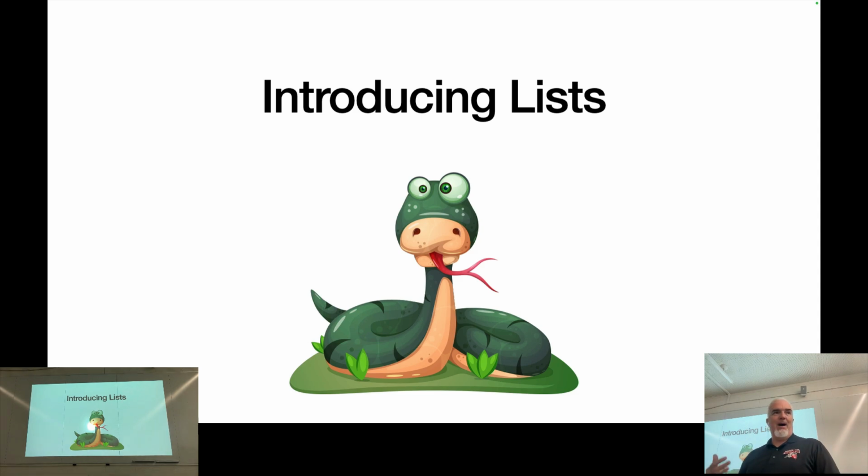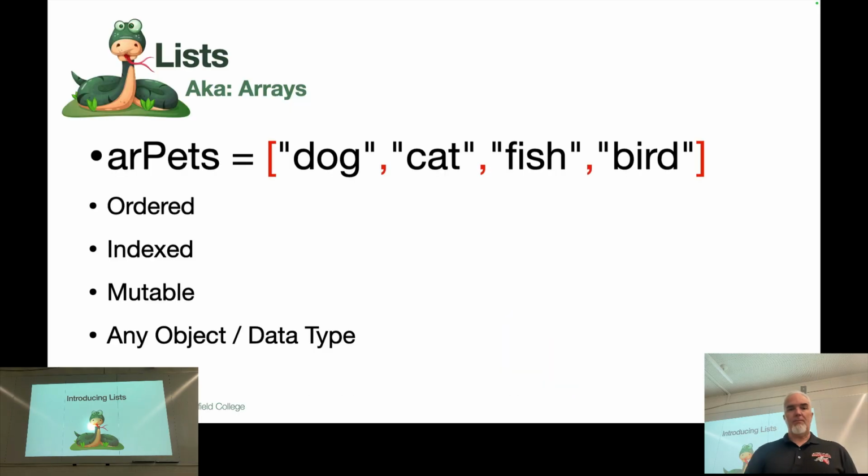That's a great way to think about a basic collection, because in a collection or a list, you've got a variable, a container, and inside that container are lots of little compartments. How many compartments can a list have? Almost infinite. And each compartment can contain a different kind of data.